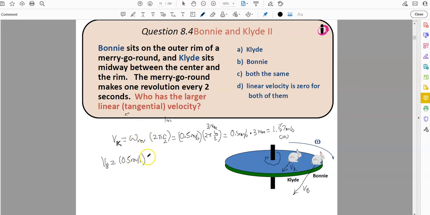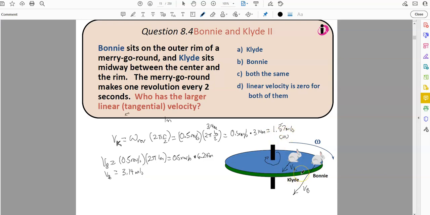It's the same thing, but she's at the full radius, which is 1 meter. So this is going to be a half revolution per second times 6.28 meters. So in other words, Bonnie's velocity vector is going to be 3.14 meters per second, and Clyde's is going to be half of hers.